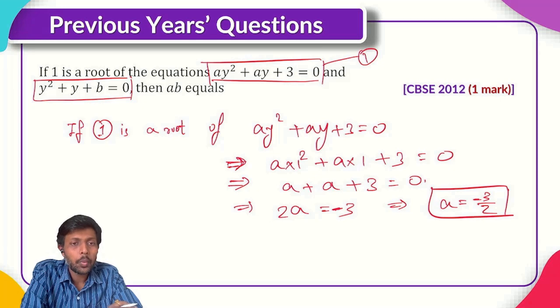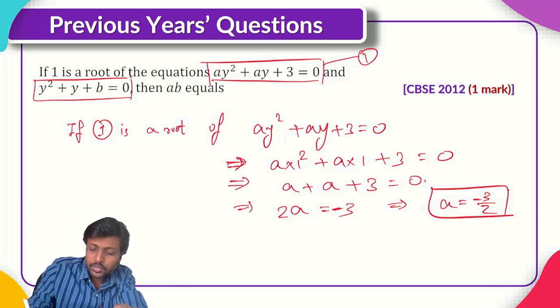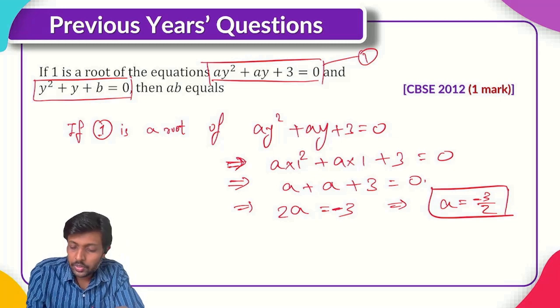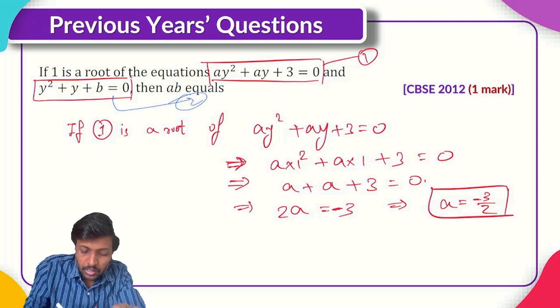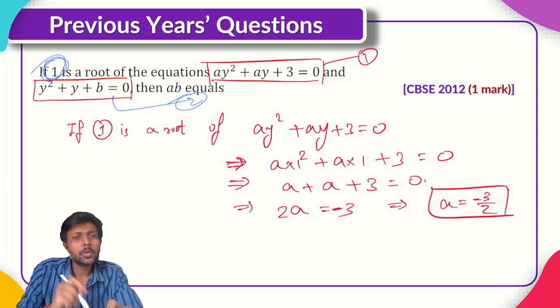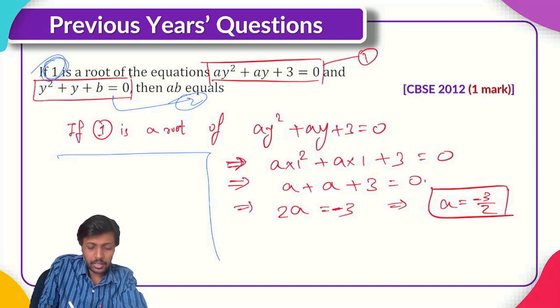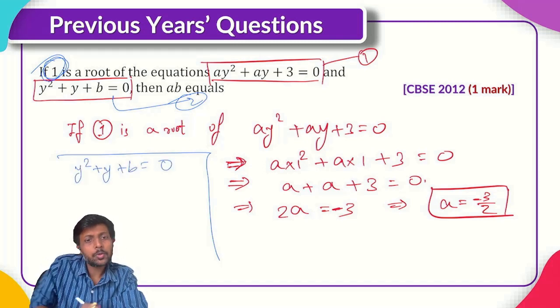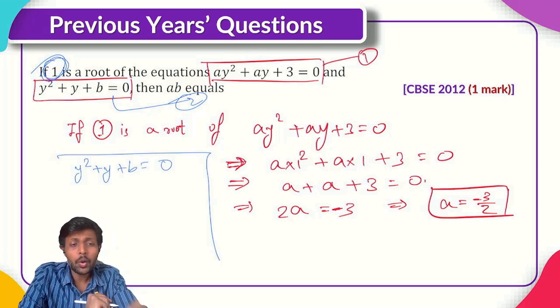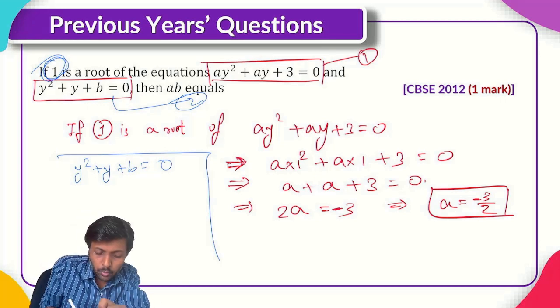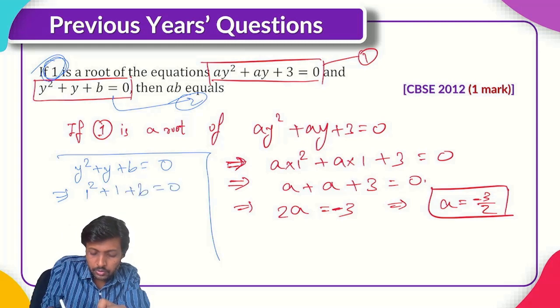Now let's try the same thing with the second equation, let's call this equation number 2. Number 1 is also a root of this equation. So we can write something like this: y square plus y plus b equal to 0. And now instead of y, you put the value 1. 1 square plus 1 plus b equal to 0.